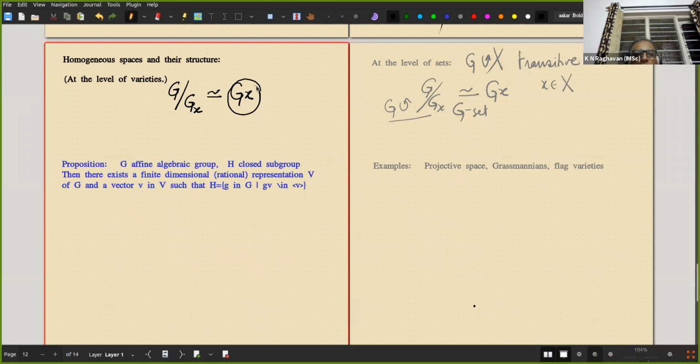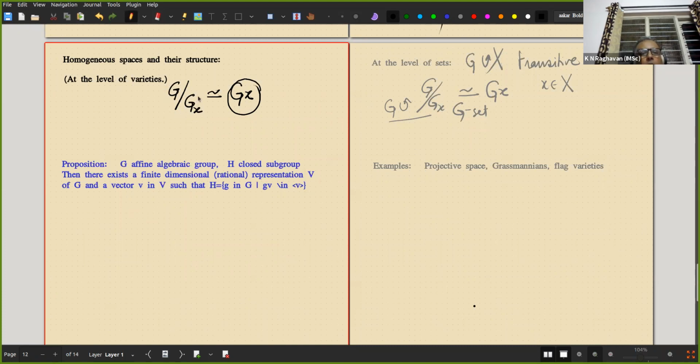Well, that follows because this is open in its closure, and if Krishna has already defined quasi-projective variety, that makes this a quasi-projective variety. So the fact that this is open in its closure gives this a variety structure.